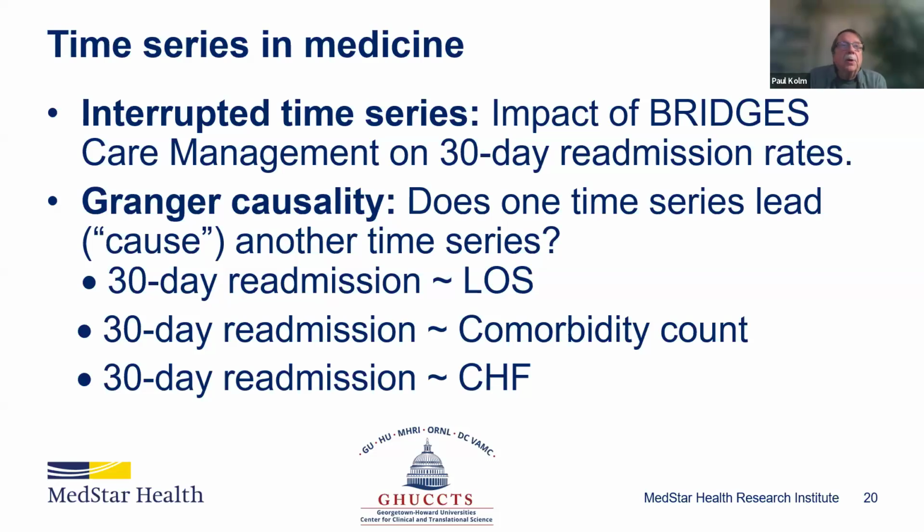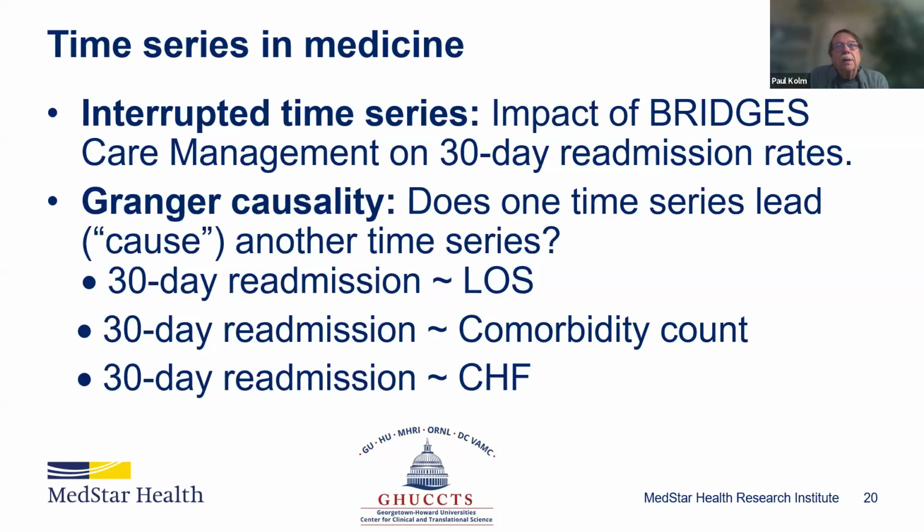So we do just an ordinary regression analysis. But if we have a time series here, then we can look at other factors that might cause our outcome. And we refer to this as Granger causality.